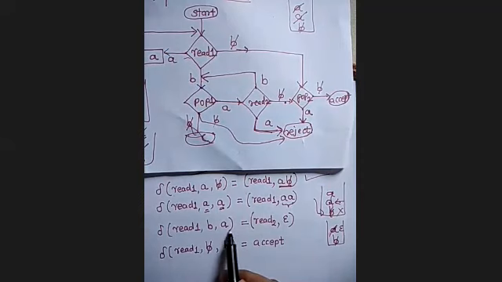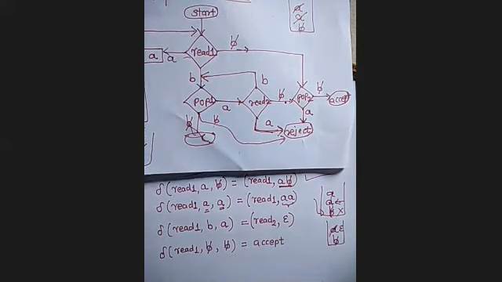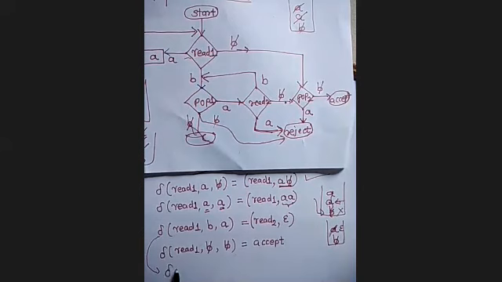Here one possibility for B is left actually. Okay, so let us consider this, this we have considered in read one. We have considered if B comes and the stack contains A. What happens if the stack is blank?